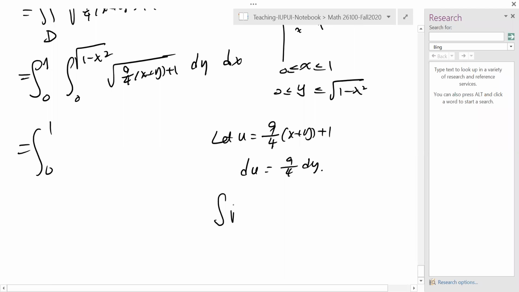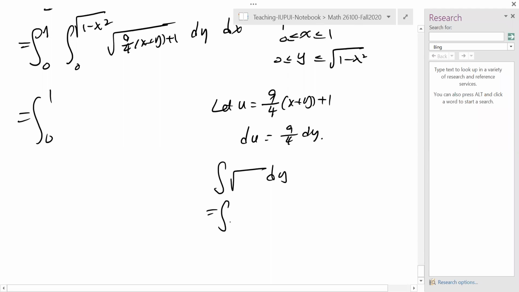Okay, so let's see. I'm going to evaluate u to the 1/2, right? And since du equals that, it is going to be 4/9 du, right? So the antiderivative is 2/3 u to the 3/2 times 4/9, plus 1.